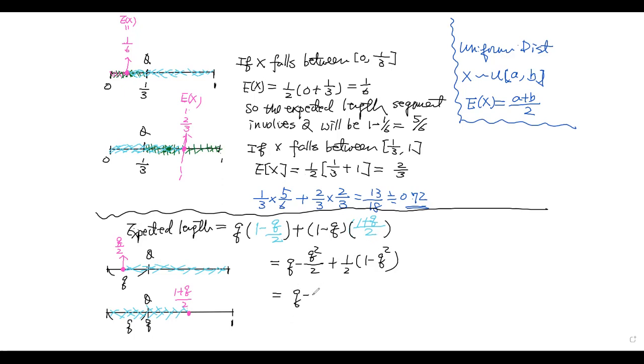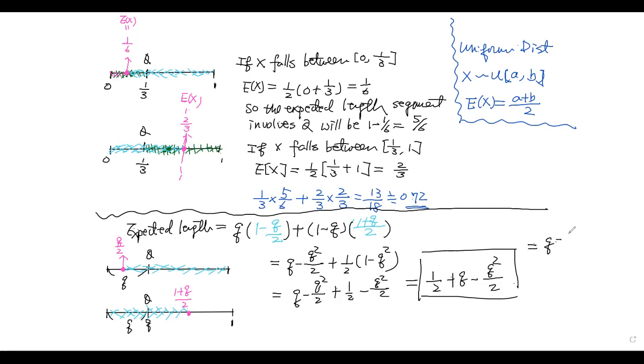So this is q minus 2q squared plus 1/2 minus q squared over 2. So the final answer will be 1/2 plus q minus q squared over 2. Right, so you can check to see if you did it correctly or not. If you substitute q equal to 1/3, it should give you the same answer here.